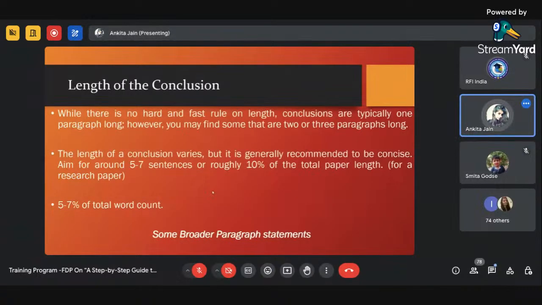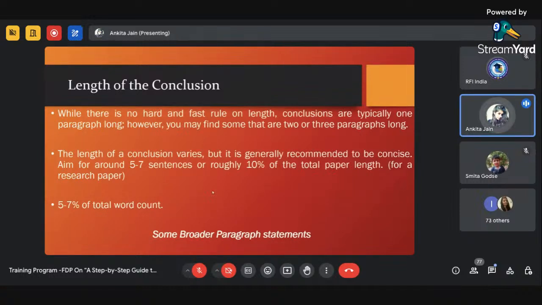Now, almost in every workshop, people talk about how many pages I should use, how many paragraphs I should use, what is the right size. See, it all depends on your study, because ultimately it's your study. You should decide how much is required.